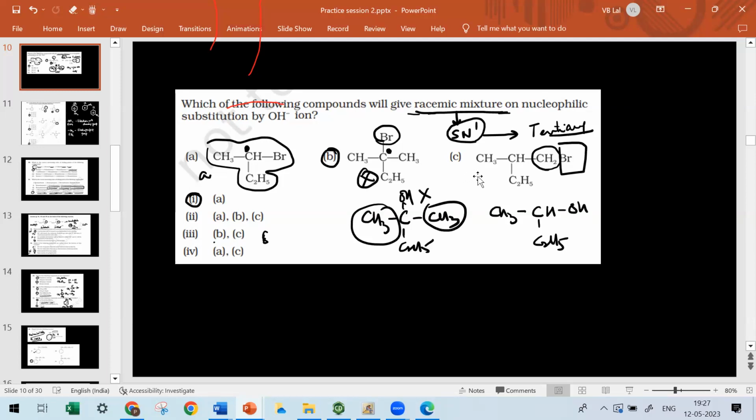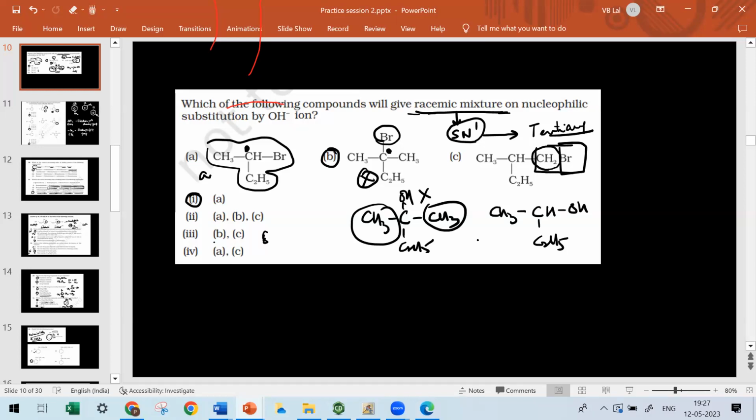They asked which will give racemic mixture. C, yes, compared to A it is less reactive, but C will also give the racemic mixture, no, ma'am, because it is a chiral carbon. C can also give a racemic mixture, yes, because it is a chiral carbon.